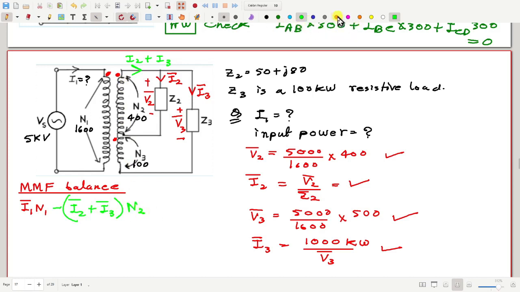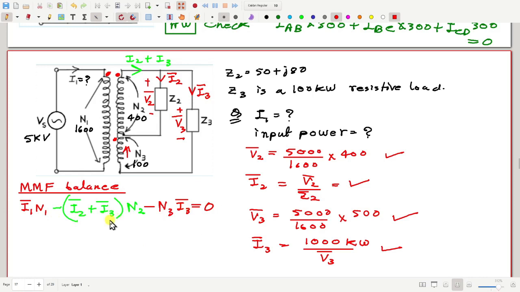Then consider the lower part, the N3 part. How much is the current here? Here the current is I3 going upwards, so this is again going out from the dot. So I again use a minus sign: minus N3 I3. Now I2 is known, I3 is known, and this total should be equal to 0.